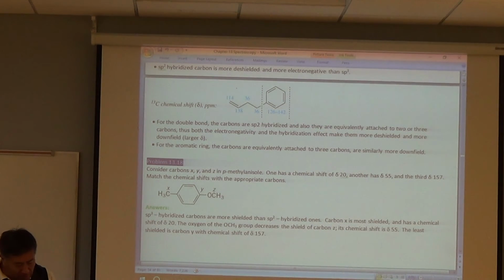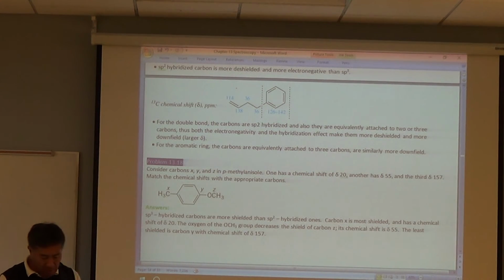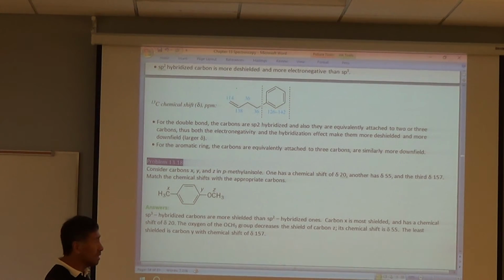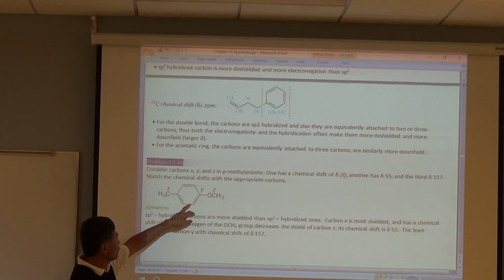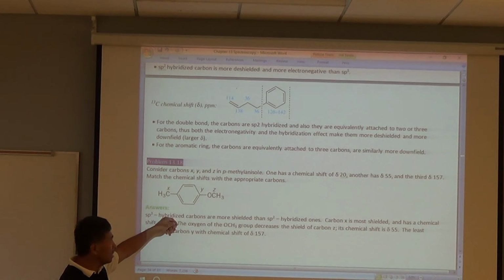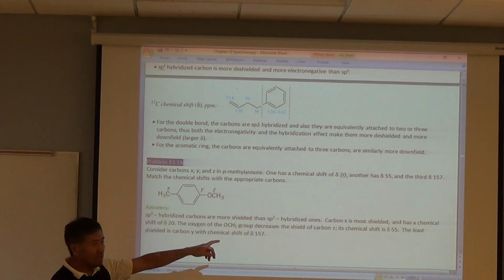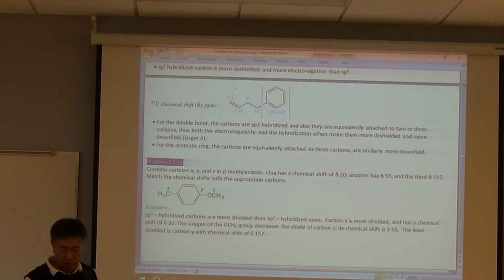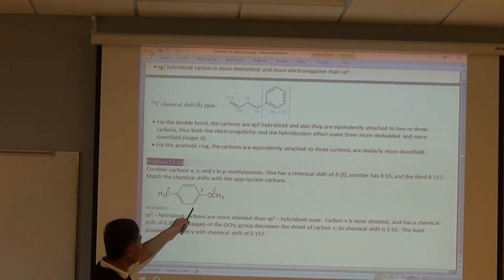As you consider this molecule, you want to assign the numbers to these three types of carbons. Even though, in detail, the carbons in the benzene ring are a little different, because on this side you have this methoxy, on that side you don't have the methyl. So if I tell you the numbers are 20, 55 and 157, you can quickly assign a number. 157 will be for those carbons on the benzene.